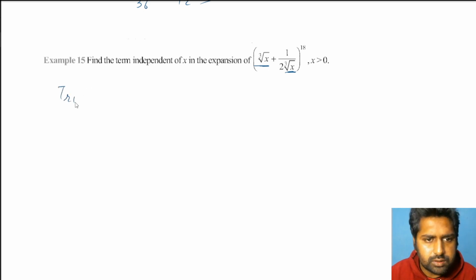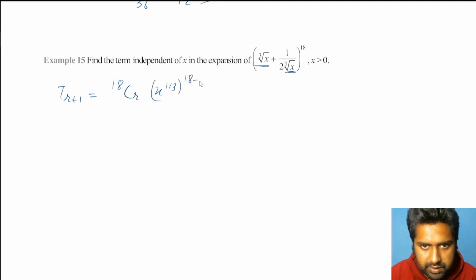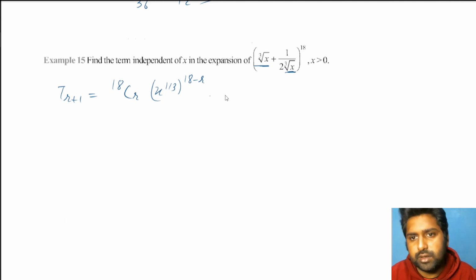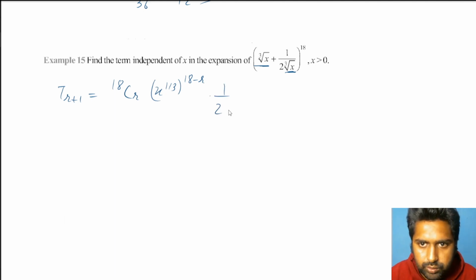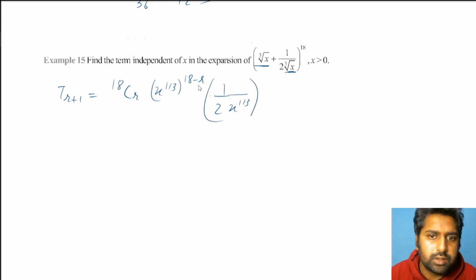Let's write down the general term. T(r plus 1) is 18Cr. First term x raised to power 1 by 3, complete raised to power 18 minus r, n minus r. Second term is also positive, so you don't have to deal with negative. 1 by 2 x raised to power 1 by 3, complete raised to power r.